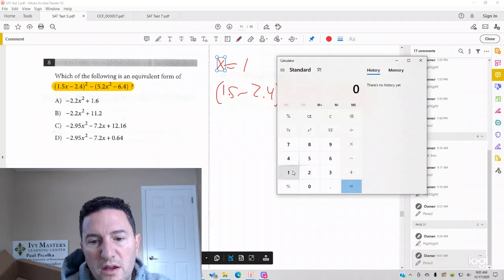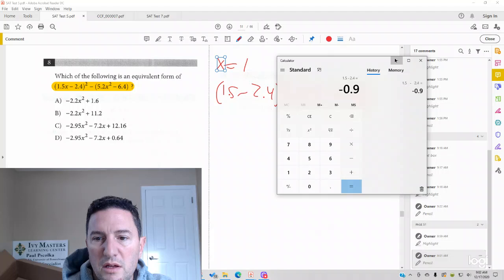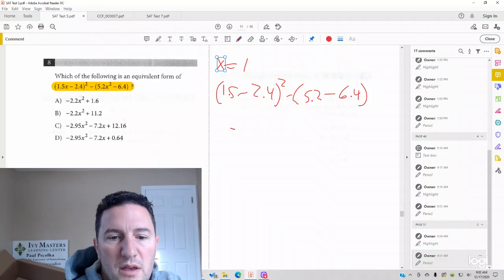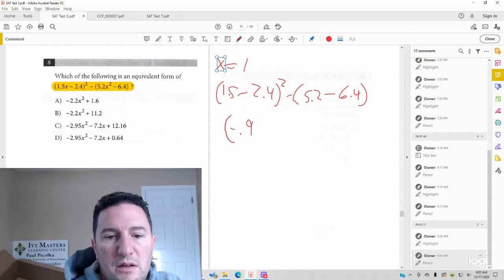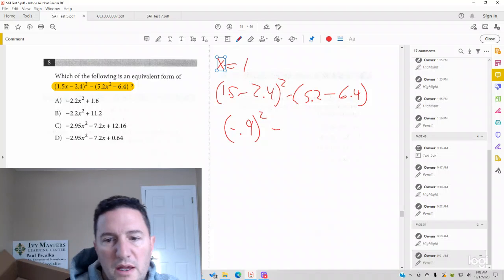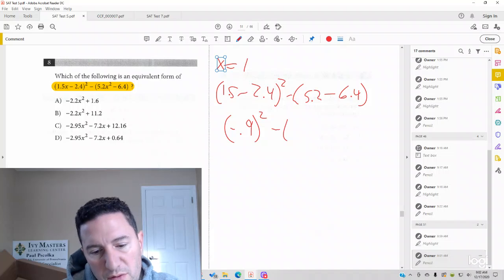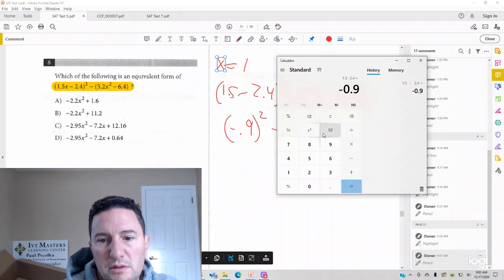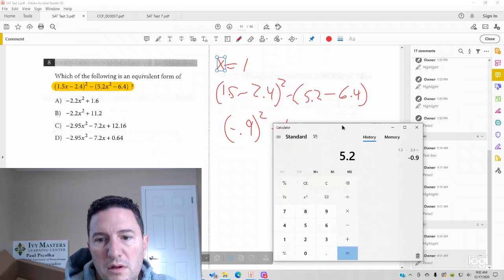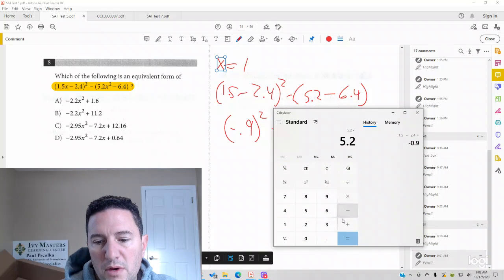If we did 1.5 minus 2.4, we get negative 0.9. Keep in mind we're squaring it, minus, and then if we did 5.2 minus 6.4, we get negative 1.2.